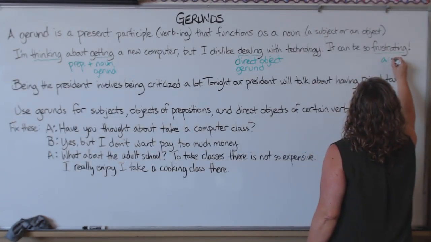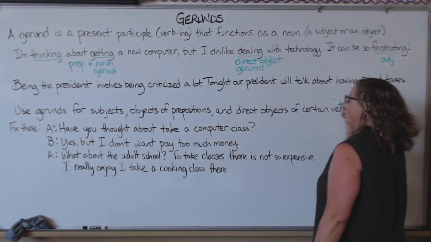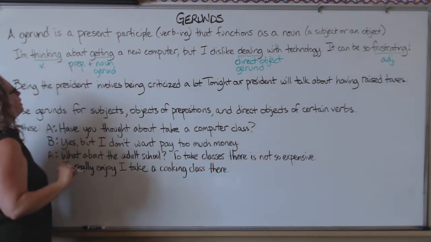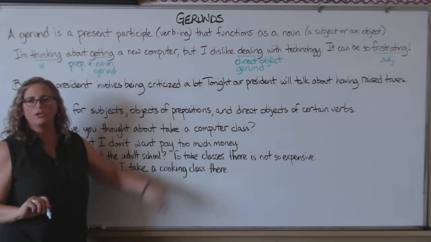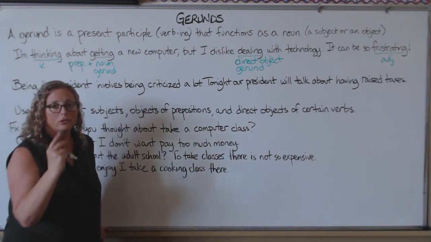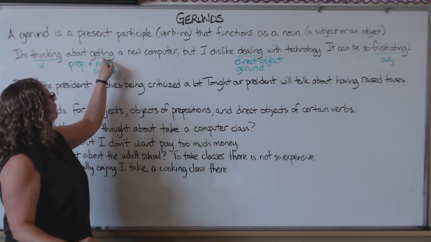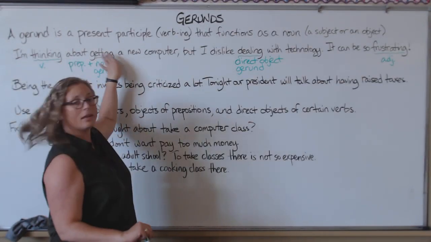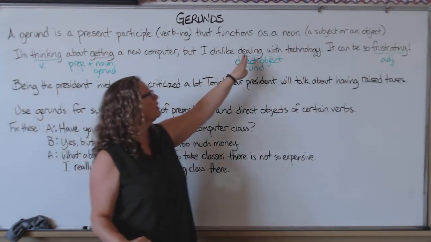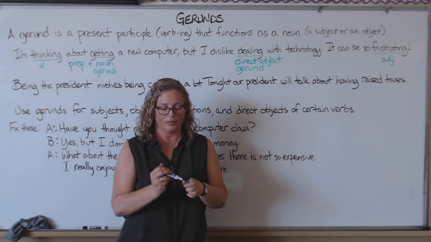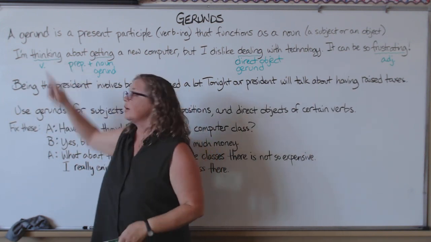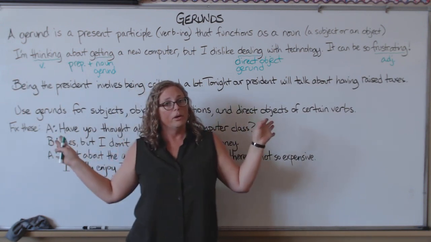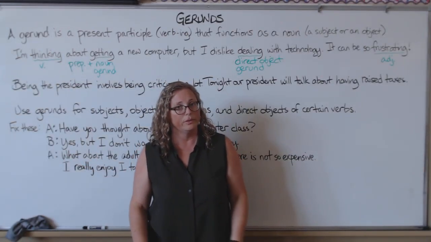So this right here is an adjective. This one here is a verb. So how many gerunds do we have? 2. Right here and right here. Because this one is the object of a preposition. This one is a direct object. This is not a gerund. This is not a gerund. All of them are present participles.